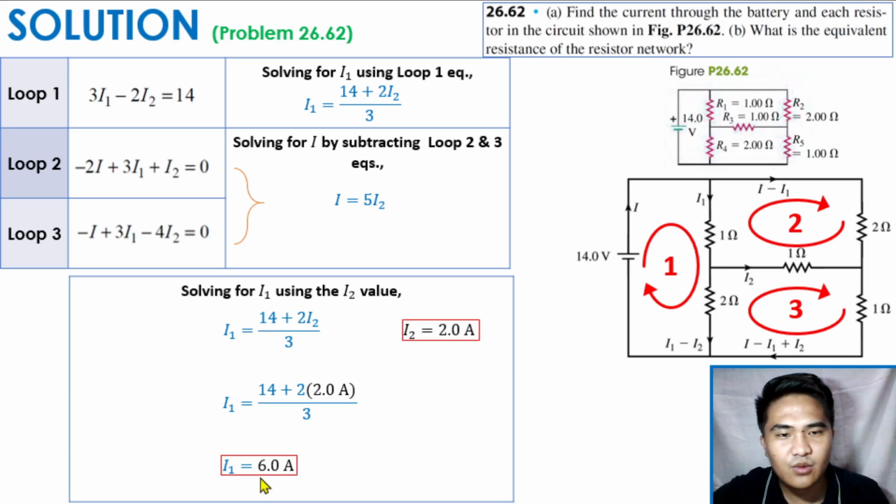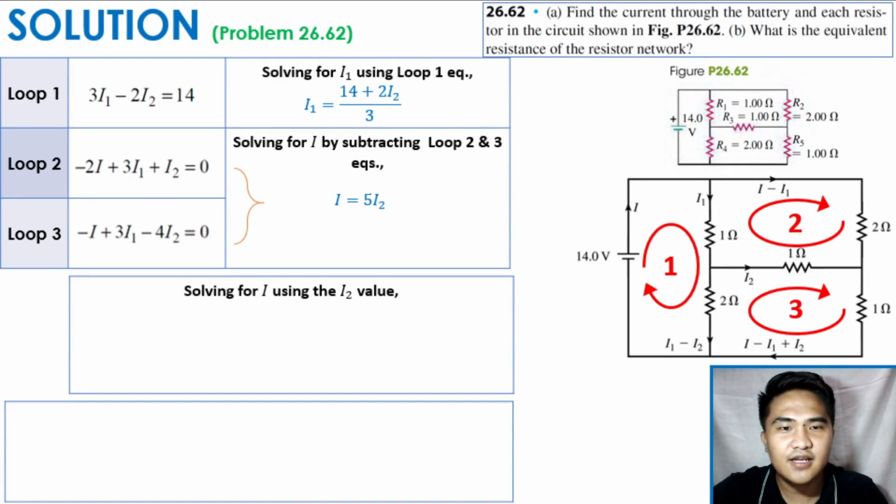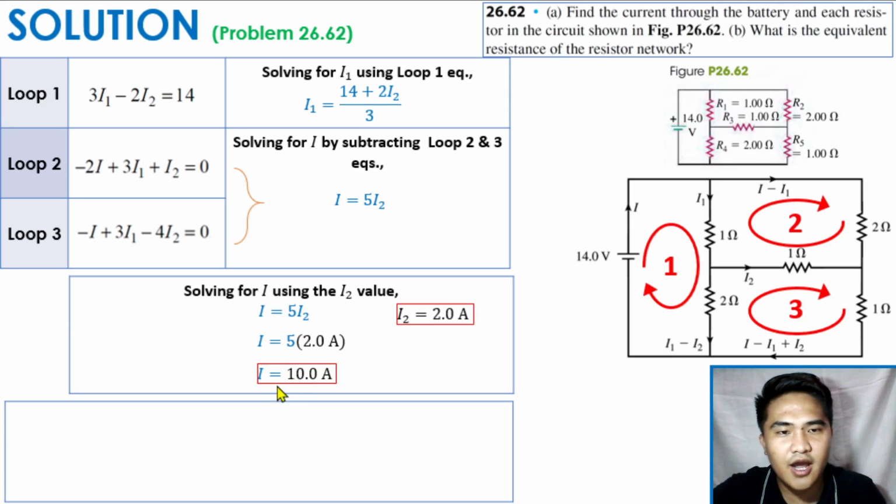Solving this, we will have I1 is equal to 6 amperes. Then lastly, for solving I, we can input the value of I2 here. Our I2 is 2 amperes and we multiply it by 5. Therefore, I is equal to 10 amperes.